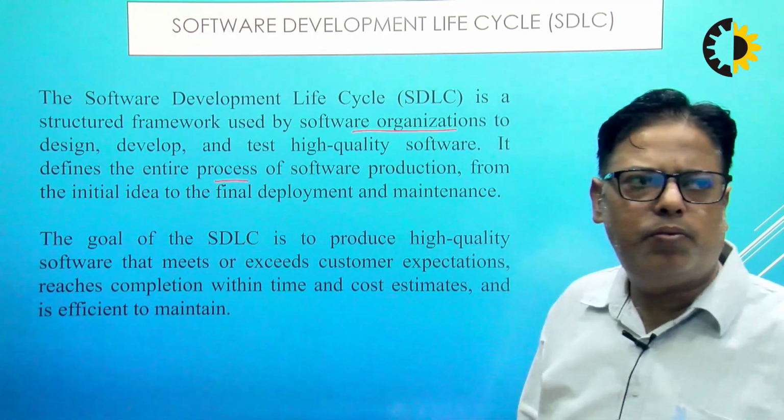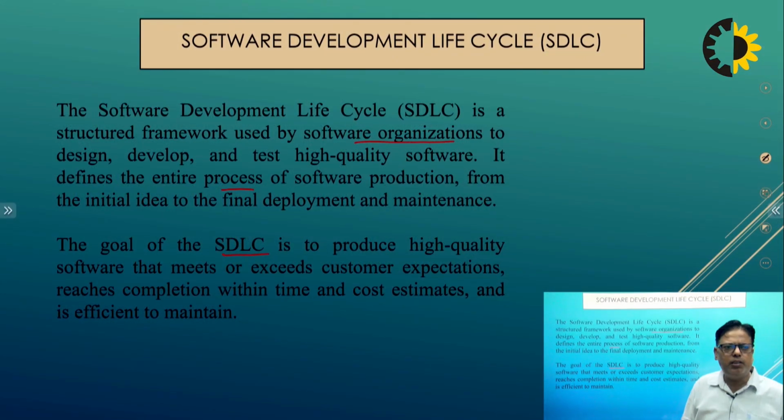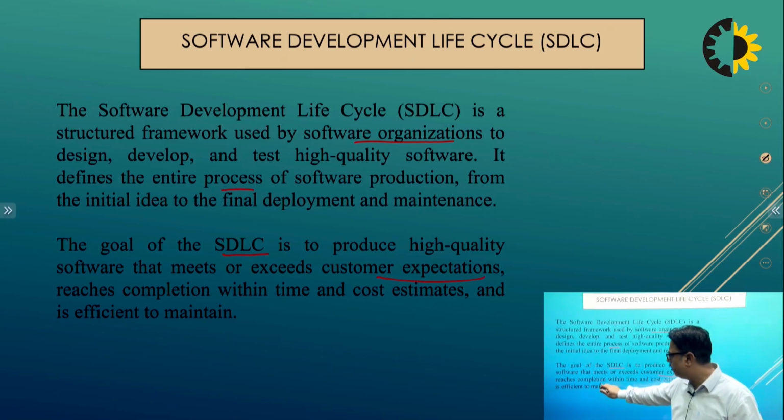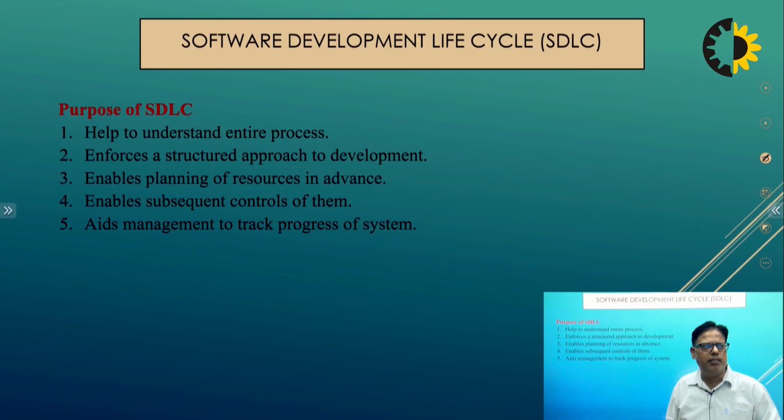The main goal of the SDLC is to produce high quality software that meets all the requirements decided by the customers in the initial phases, meeting customer expectations, completing within the time and cost estimate and in an efficient manner. So, this is the basic introduction of the software development life cycle.